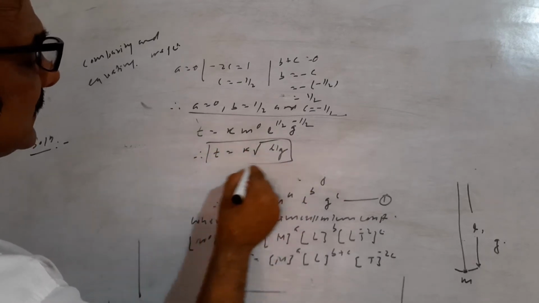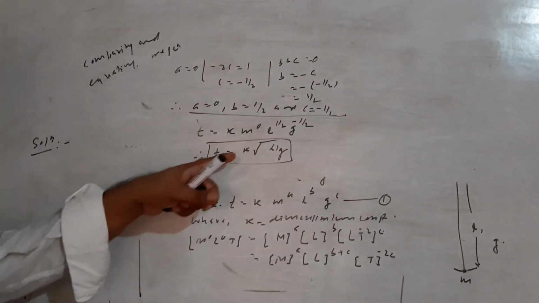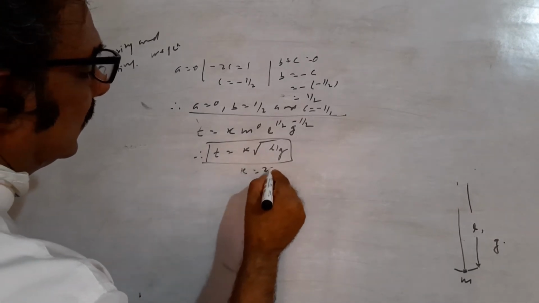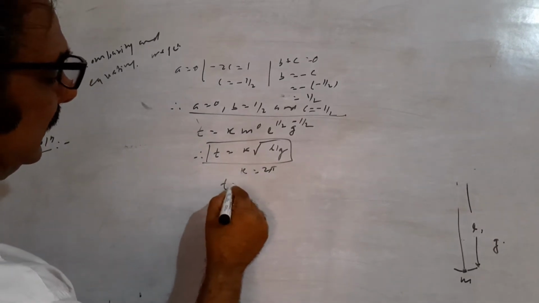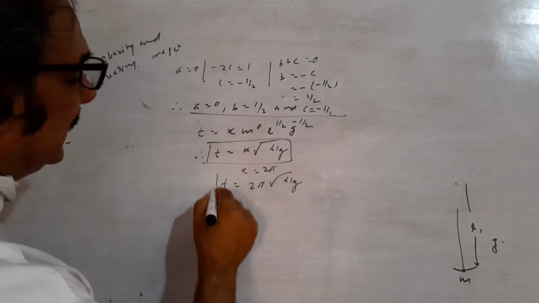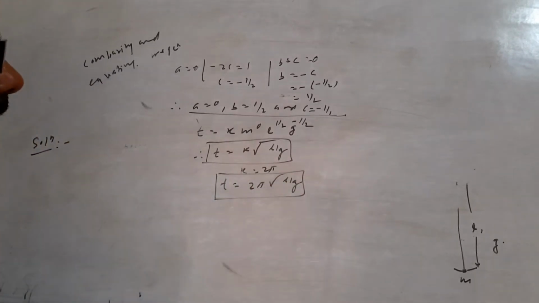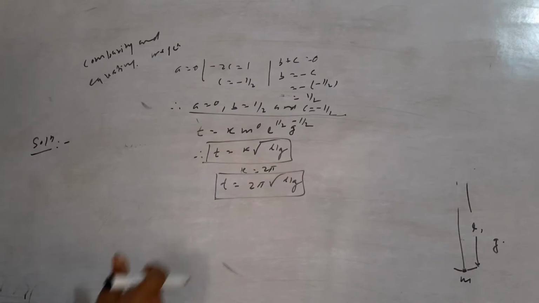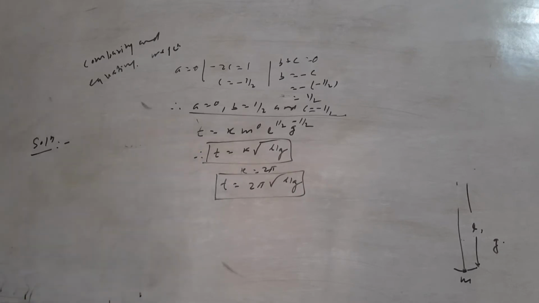In this situation, it is found experimentally that the value of k equal to 2 pi, and hence t is equal to 2 pi root under L by g. So it can be written like that if the value is found experimentally. In this way the equation and the relation is derived.